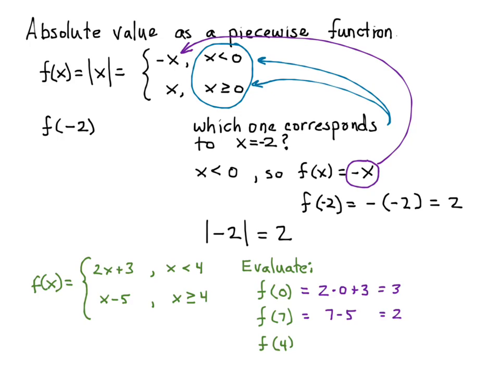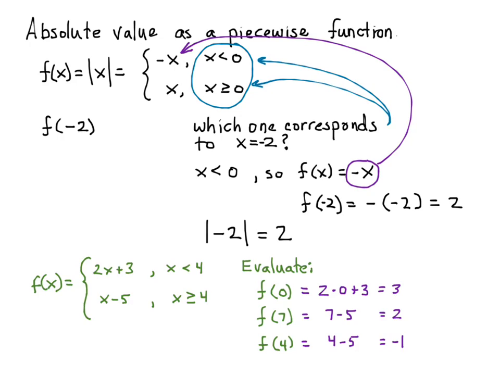It's okay if neither of them has the equality; what that would suggest is that 4 is just not part of the domain, and 4 is undefined. But since we have the equality there, you put the 4 into the second expression, and you get 4 minus 5, which is negative 1. Okay, everybody good with that?